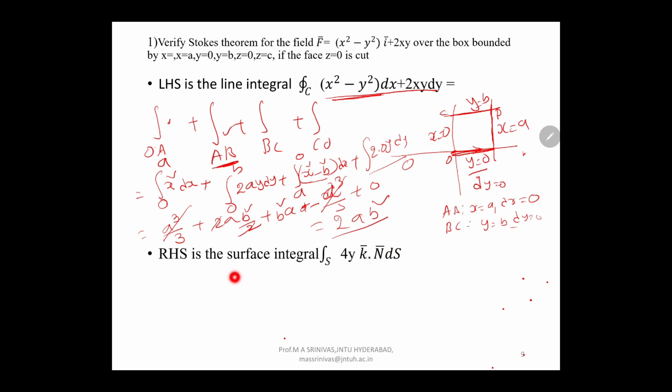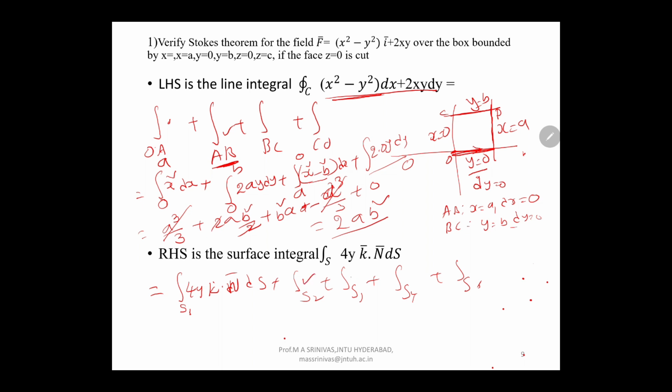Now I need to find out the surface integral of 4y k bar dot n bar ds. Now this is equal to, I have five surfaces S1, integral 4y k bar dot n bar ds. Similarly, over S2, S3, integral over S4, integral for S5.